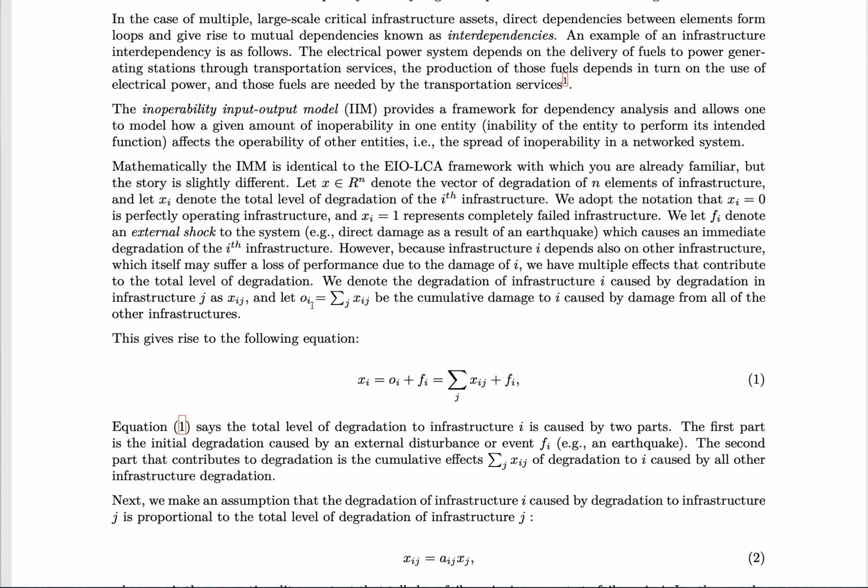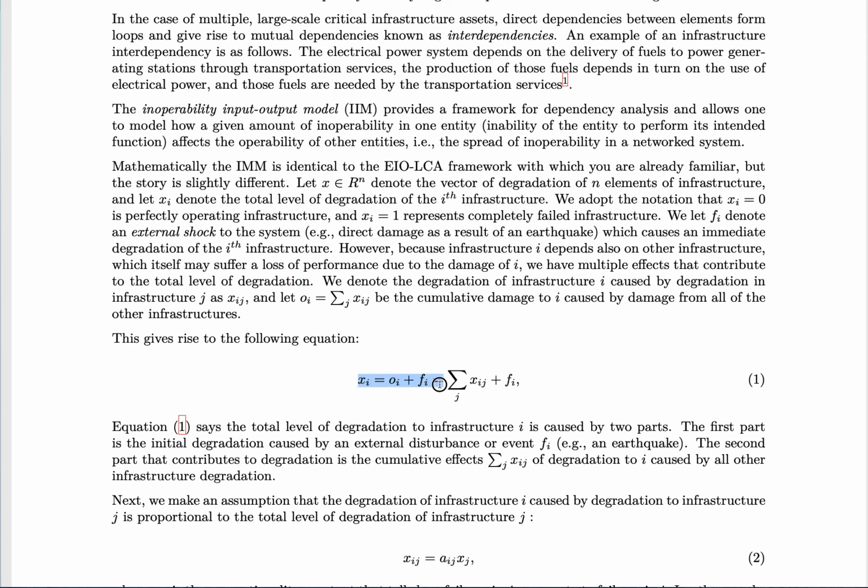So we will let oi be the cumulative damage to infrastructure i caused by all the damage to all the other infrastructures. So let xij be the degradation of infrastructure i caused by degradation in infrastructure j, and we'll let oi just be, again, like a row sum across all the different infrastructures that, when they are damaged, add damage to infrastructure i, and that will give us oi, the total amount of damage sustained by i from all the other infrastructures j.